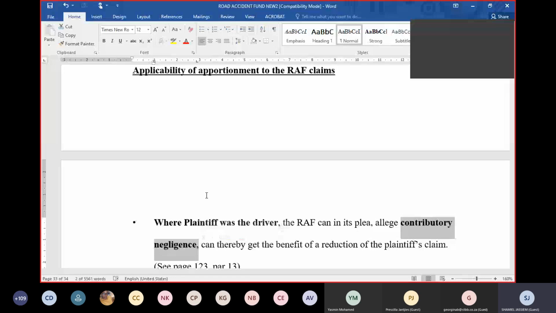Again, I've got my own personal opinion on that. I don't subscribe to such a policy, or I won't take out such a policy. Why? Because the RAF covers personal injury, so you don't need to take out additional cover for personal bodily injuries, because the RAF steps into the shoes of the common law wrongdoer.